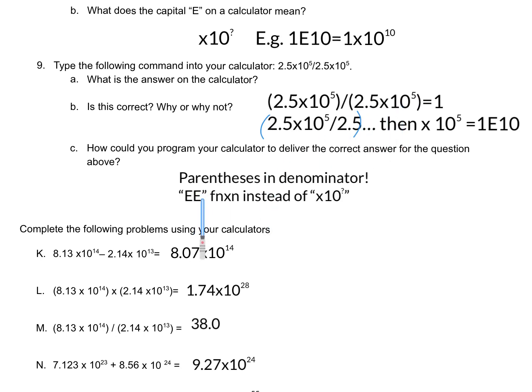But the other option is if you use that function that we talked about in class, where you use second comma, the EE function, that will tell the calculator that this is all one number. So if you were to write this number instead as 2.5 times 10 to the 5th divided by 2.5 E5, now this tells the calculator that this is all one number. You should divide it by this large number instead of just by 2.5.